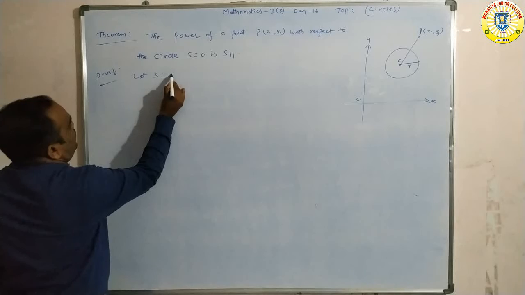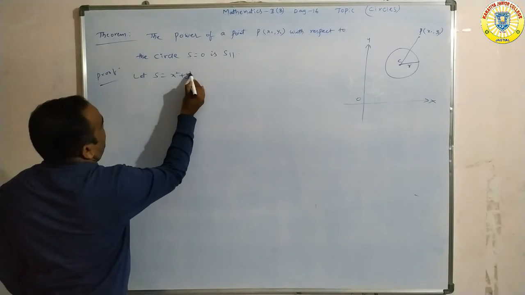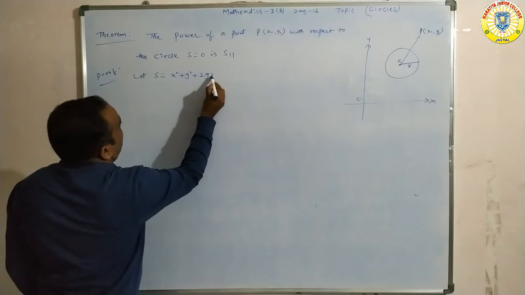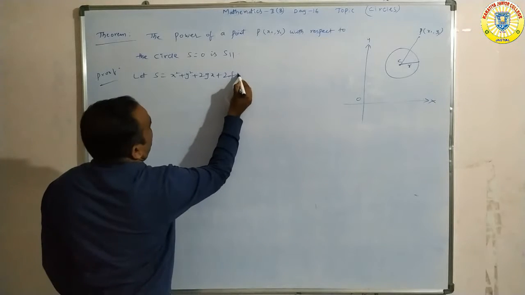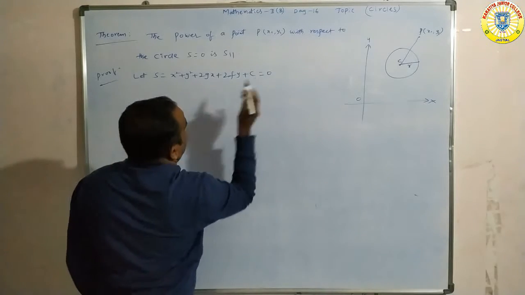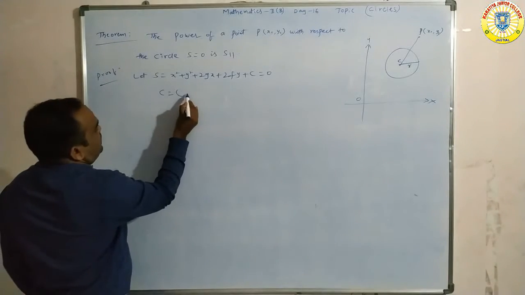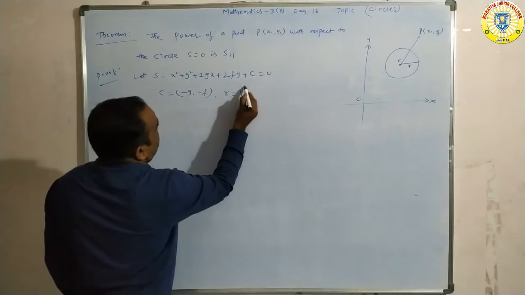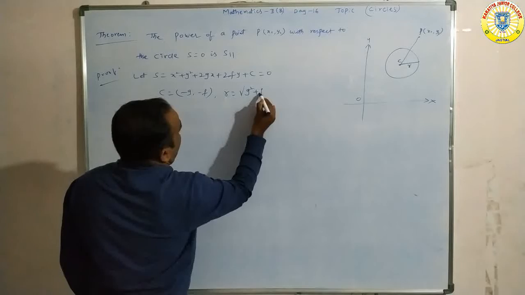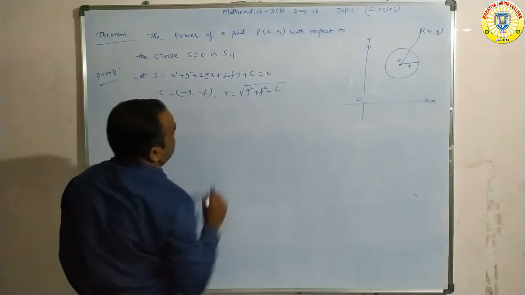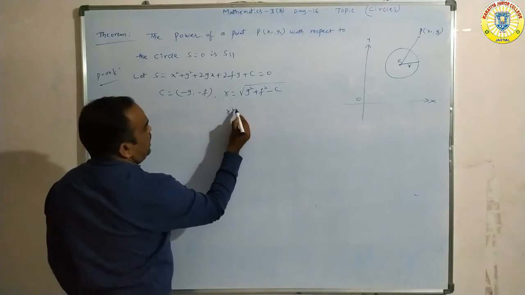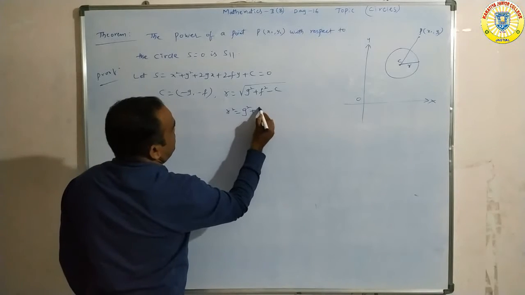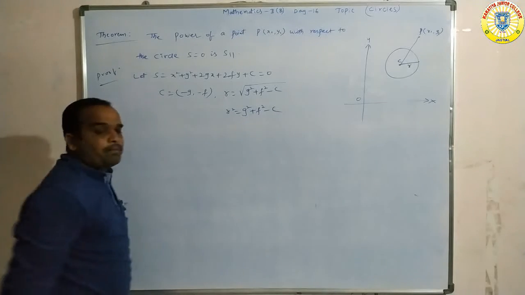Let S be the general form of the circle: x square plus y square plus 2gx plus 2fy plus c is equal to 0. The center is minus g comma minus f, and r square is equal to g square plus f square minus c.